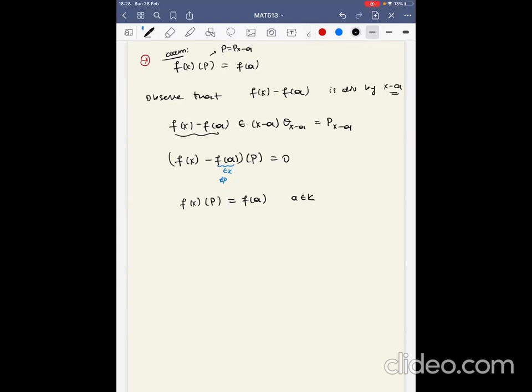And similarly, replacing f(x) by g(x), you can also observe that the evaluation of g(x) is equal to g(a).